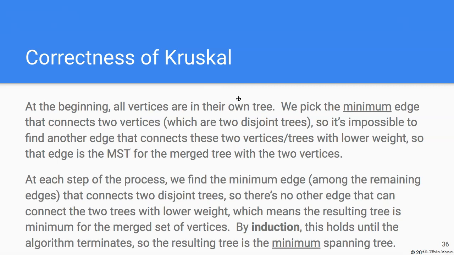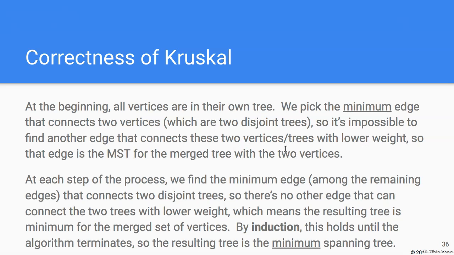And the reason for that is fairly simple because, first, at the beginning, we put all the vertices in their own trees, right? And then we pick out the minimum edge that connects two vertices, right? Because it's a minimum edge, between those two vertices it's impossible to find another edge that has a smaller weight, right?